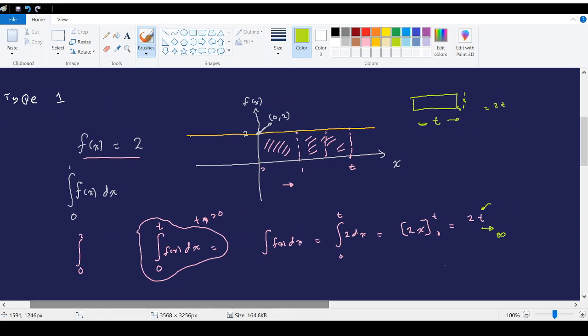If I extend t to infinity, it means we are finding the area under this function starting from 0, and it will go infinitely to the right-hand side. It will continue forever, and we need to find the area of that region.